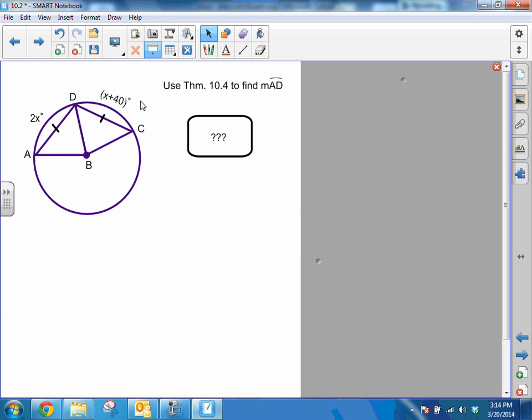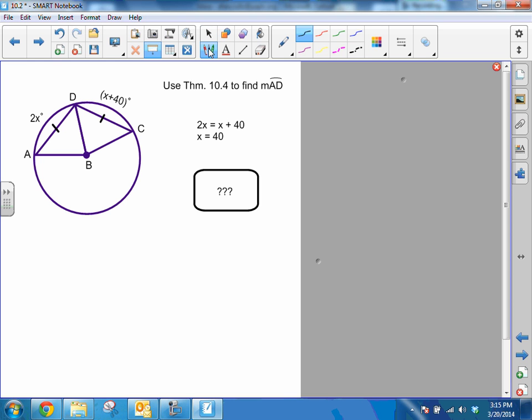Okay, so if those chords are congruent, how are we going to get what x's? Those x's are in our arcs. So what do you do? You set them equal, and that's that first theorem we wrote down. So 2x is equal to x plus 40. What's x? 40. But our answer is not 40. Our answer we want is what is arc AD. So what is arc AD? It's 80 because you just plug it back in. Does that make sense applying this theorem?